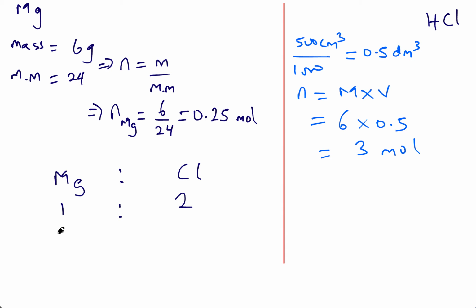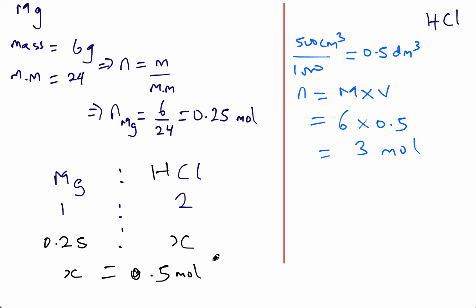Therefore, if we have 0.25 mole of magnesium, which is what we have here, now let's assume that we don't have any information about HCl. This is HCl rather. So let this be X. So if you solve for X in this place, that implies that the amount of HCl that you will need in terms of mole is 2 times 0.25, which is 0.5 mole.